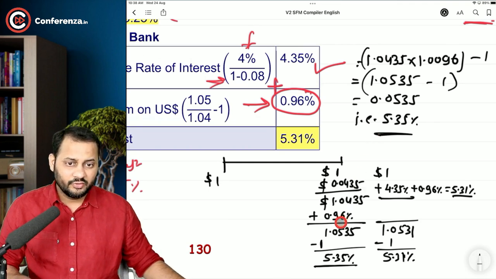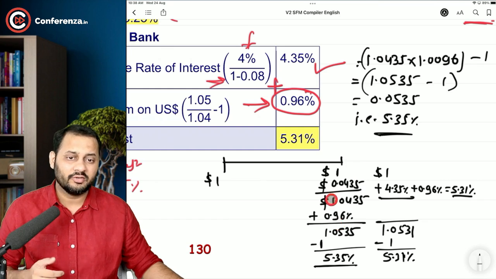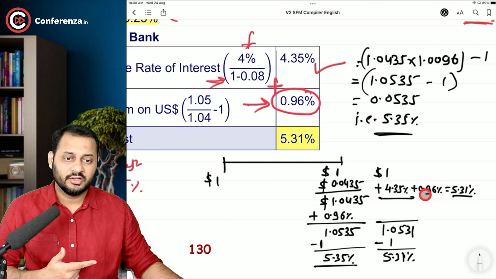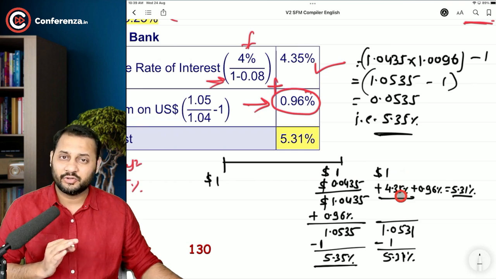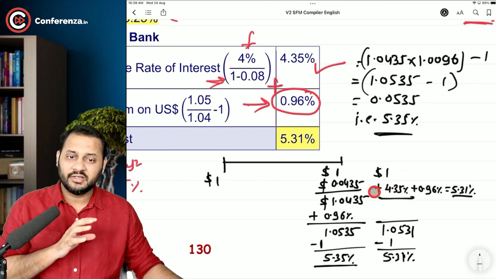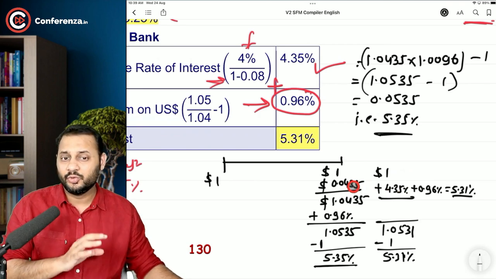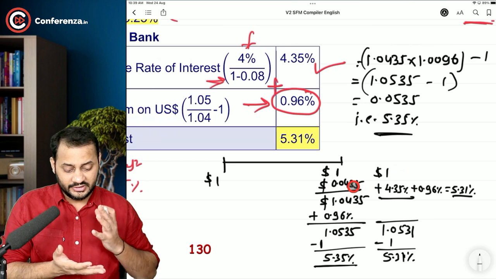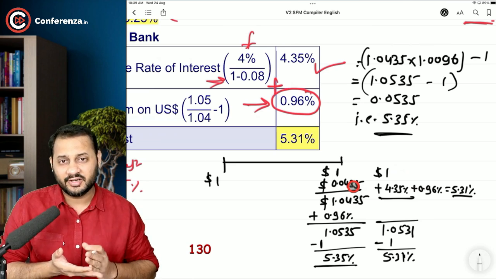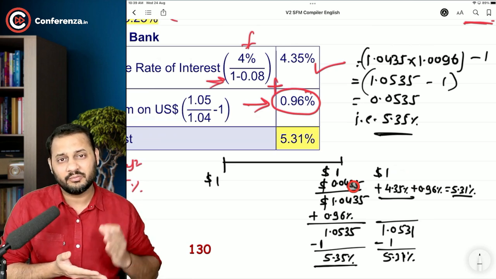In this case, when you are applying 0.96%, it is getting applied on the principal and the interest as well. And in the institute's equation, 0.96% is applied only on the principal, not on the interest. But that is not going to happen. When an exchange rate is applied on a certain cash flow, it has nothing to do with whether that cash flow is principal or interest in nature, receipt or payment in nature.